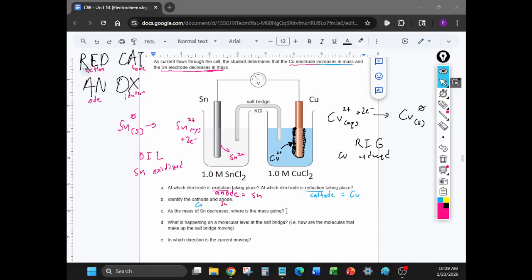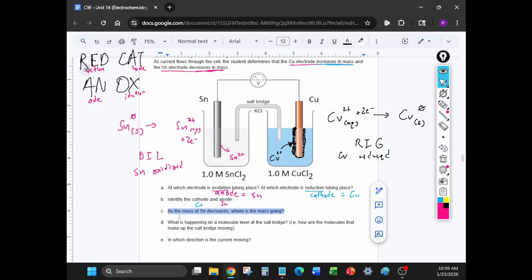All right, part C. This one's a general piece of information you're going to need to know. As tin decreases, as the mass decreases, where's the mass going? Well, we know from our knowledge of galvanic cells that the solid tin becomes aqueous.